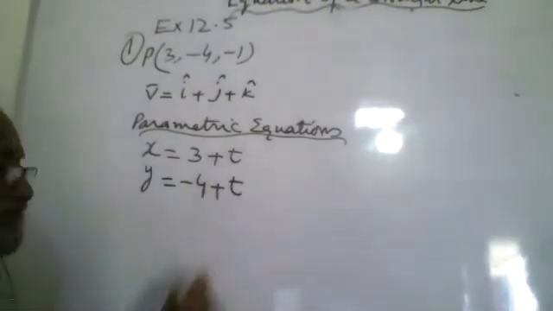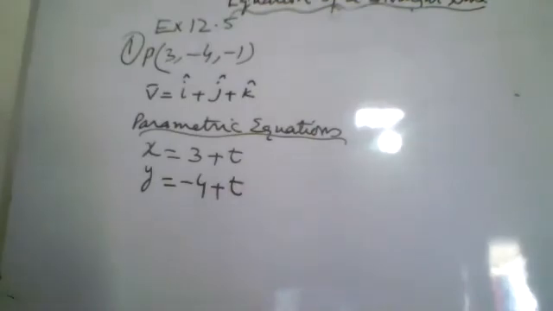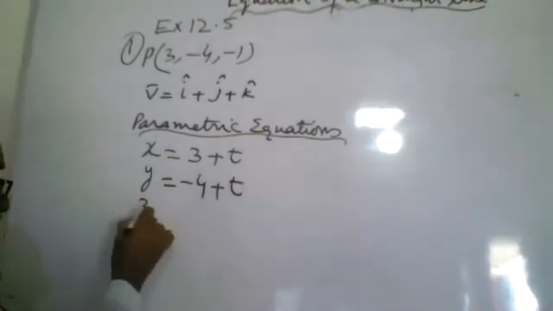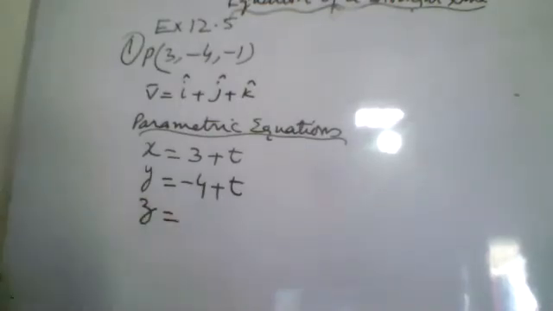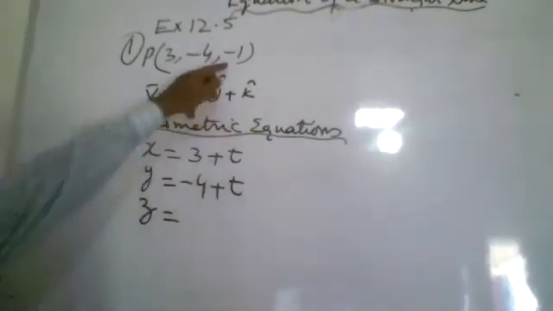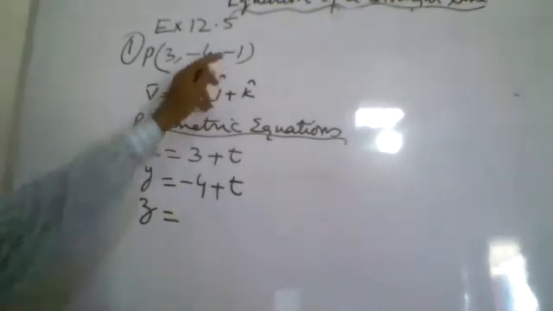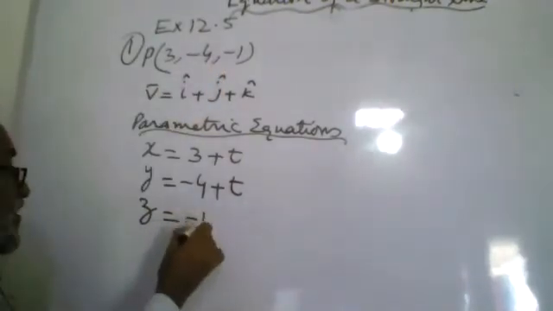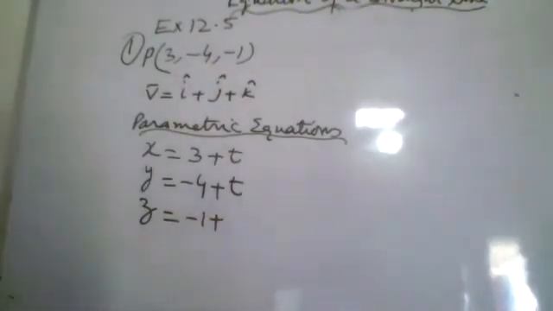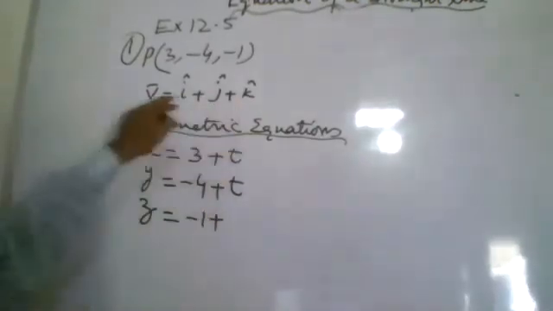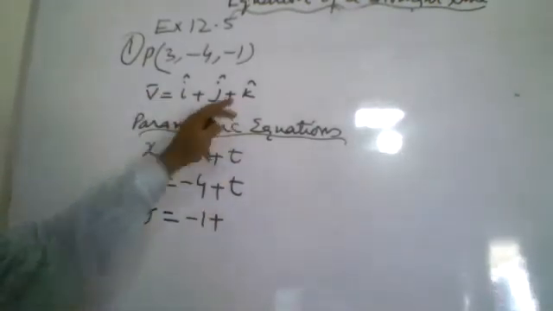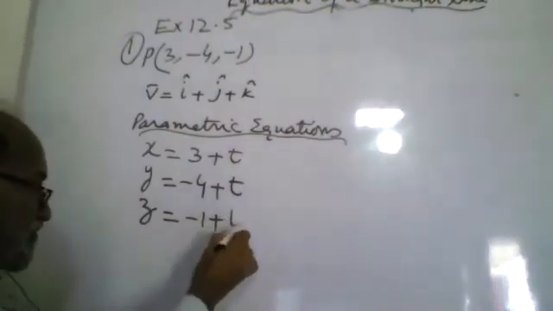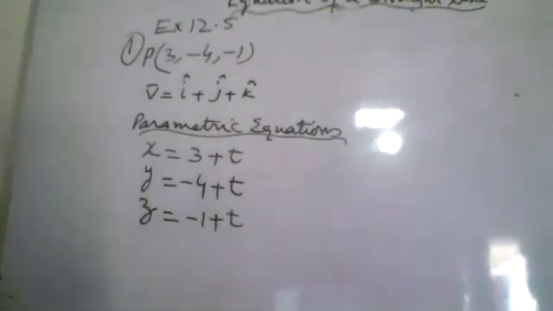This is t. In the same way, z will be equal to the z coordinate of the point, minus 1, plus the k component of the vector, 1. 1 into t will be t. This is the parametric equation.